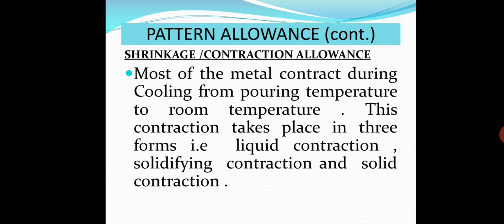So, different types of pattern allowances are considered. The first one is shrinkage or contraction allowance. During casting, molten metal is poured into the mold, and sufficient time is provided to solidify.